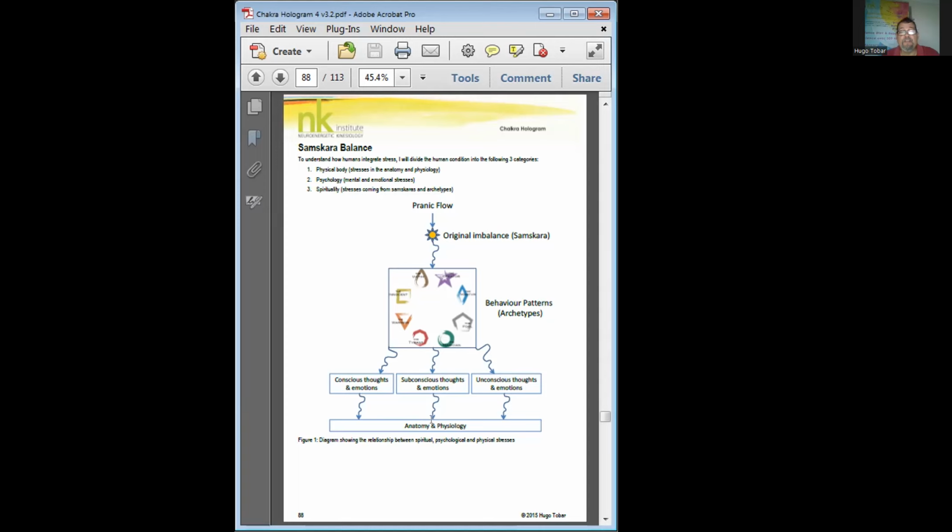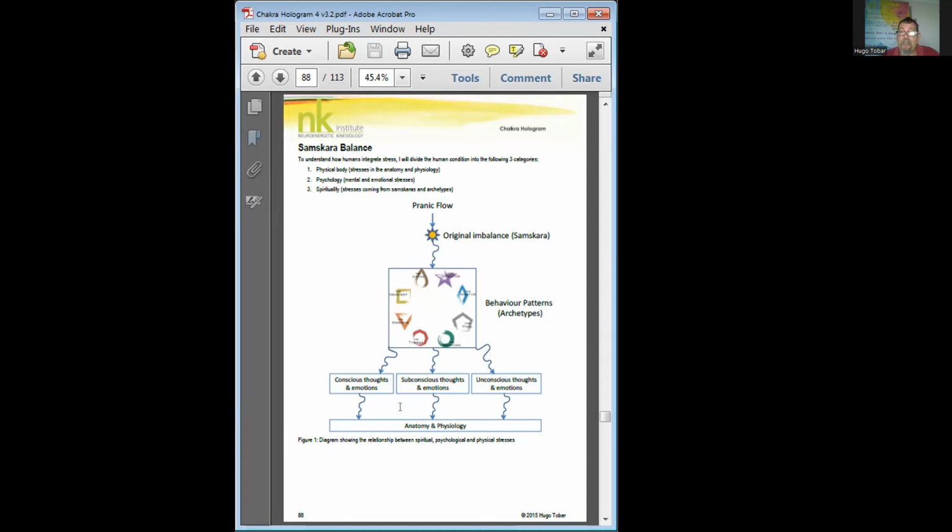Then this manifests into the anatomy and physiology. If you look at this flow, the archetypes are on the Buddhic plane. The samskara is the monadic plane, the thoughts are the mental plane, and emotions are the astral plane. The atmic is the actual force.